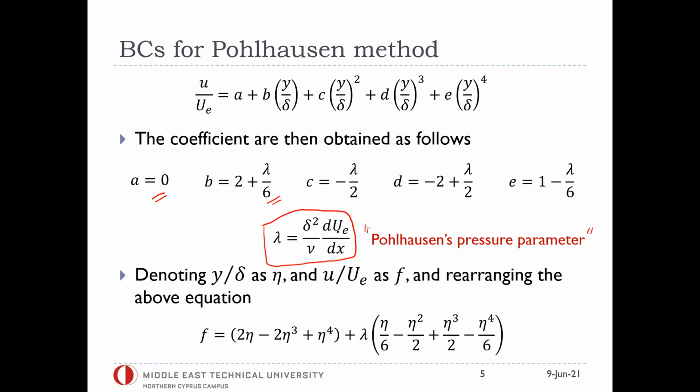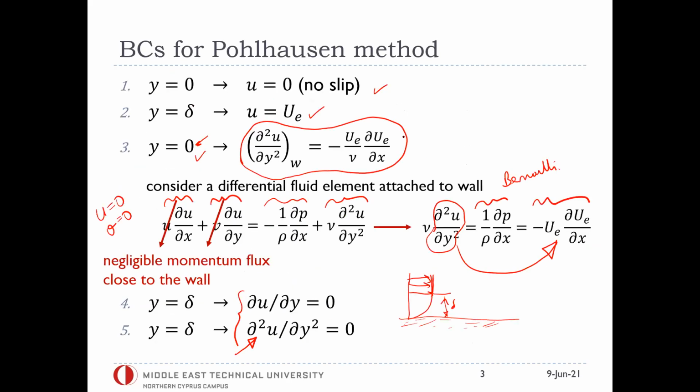C is equal to... and by the way, where is this lambda coming from? Basically, it's coming from this third condition, because the third condition says the second derivative of this randomly assumed geometry must be determined by the edge velocity. So this is where it's coming from.